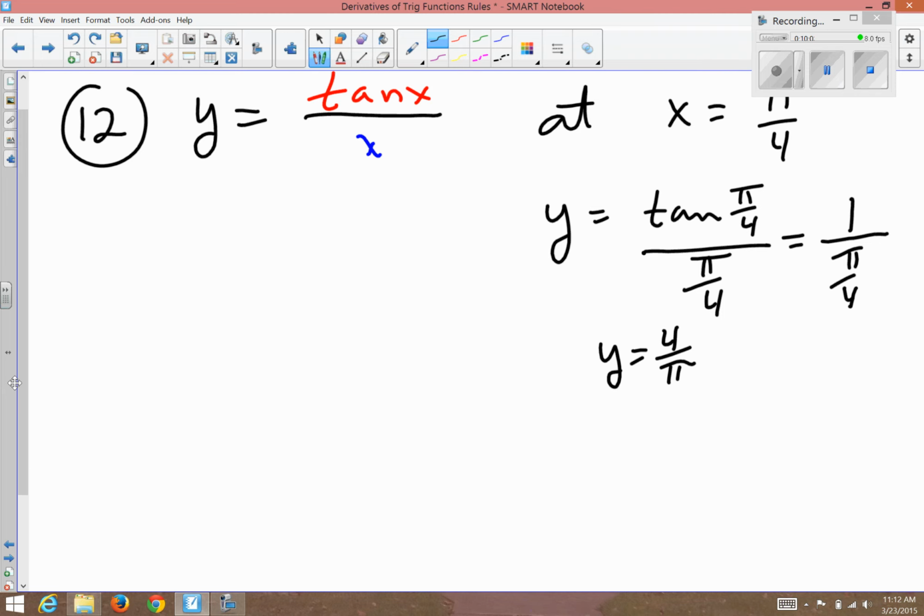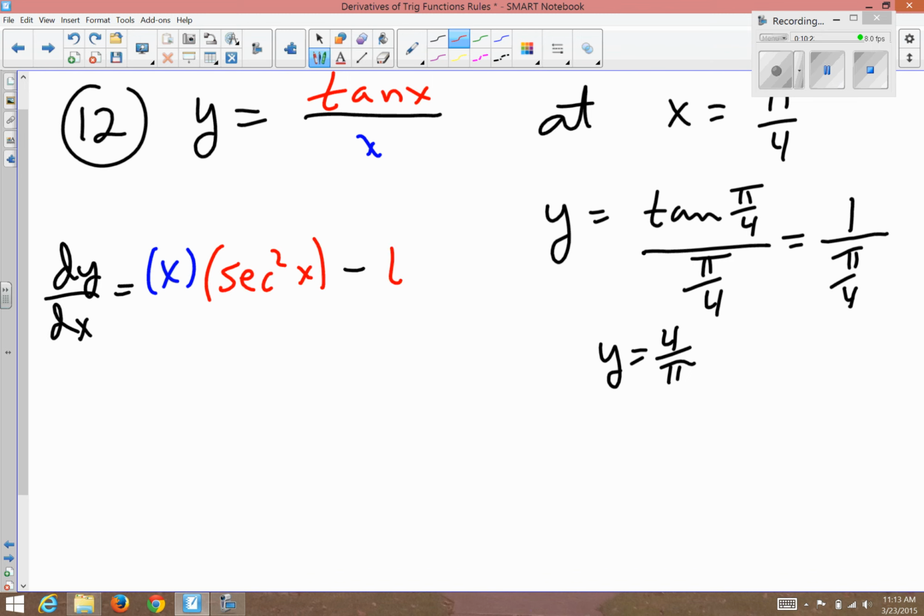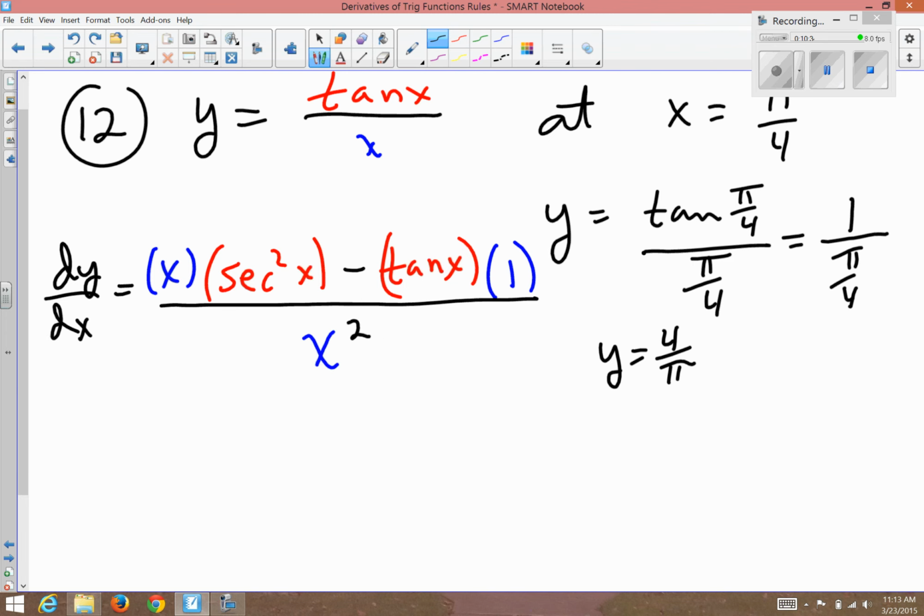So in exercise 12, we're going to find the derivative of y with respect to x, which is the denominator times the derivative of the numerator minus the numerator times the derivative of the denominator all over the denominator squared. That's the derivative.